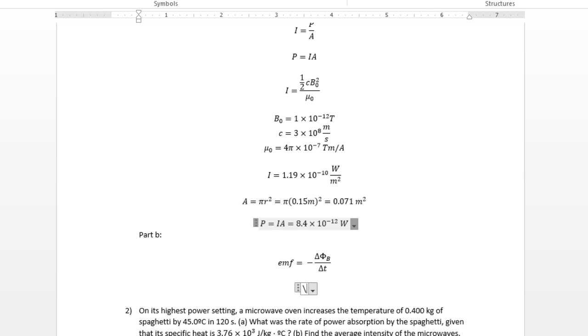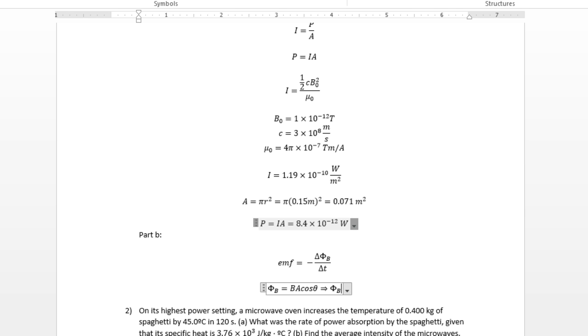And the flux is just the B field times the area times the cosine of the angle that the B field makes with the area. But in this case, the angle we're given is perpendicular, or 0.